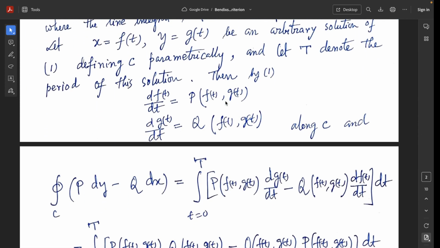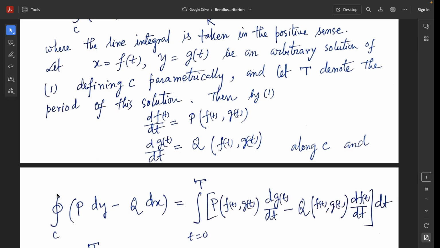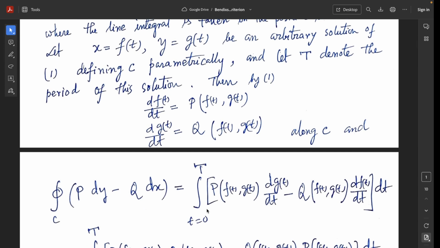Along the curve C, the closed integral of p dy minus q dx equals the integral over t from 0 to capital T, the time period, of p into dg/dt minus q into df/dt into dt.